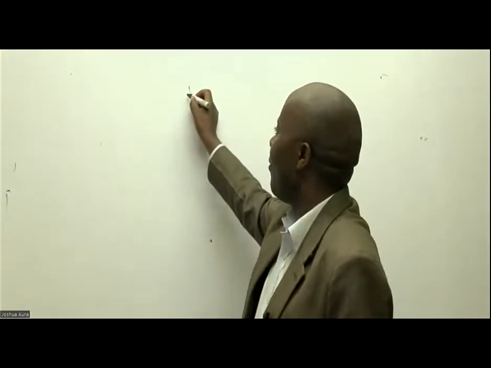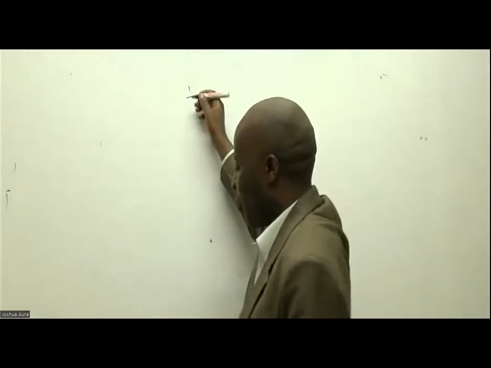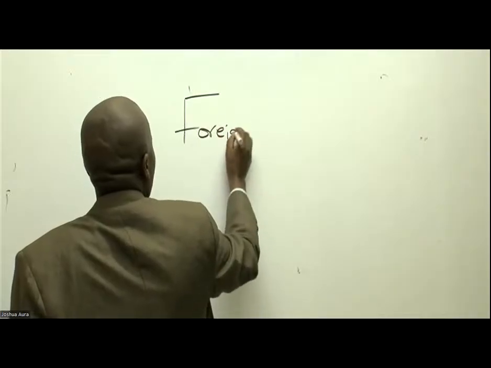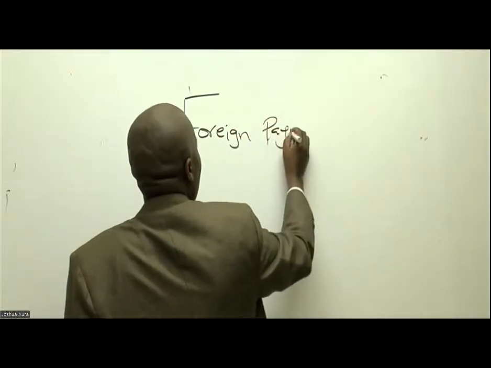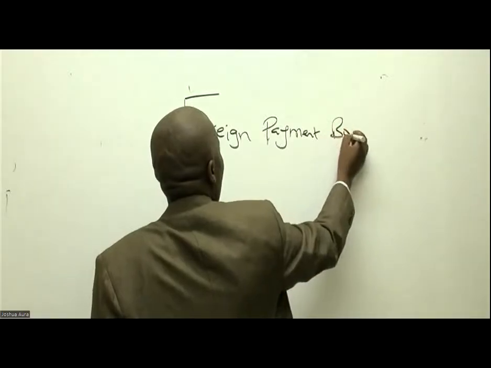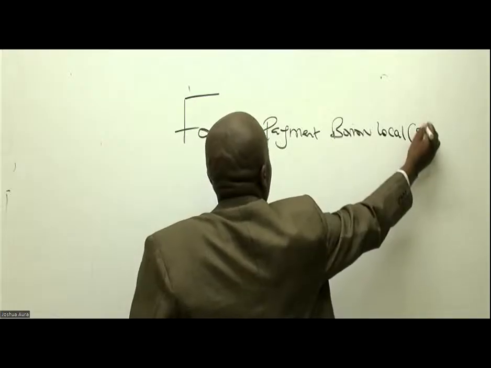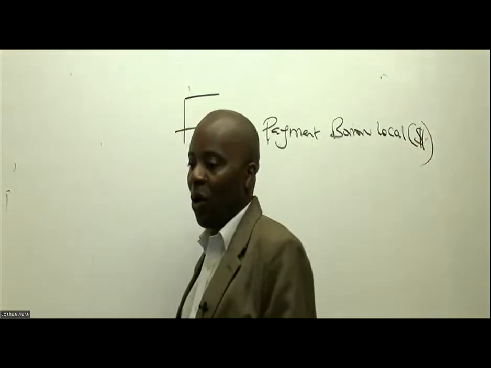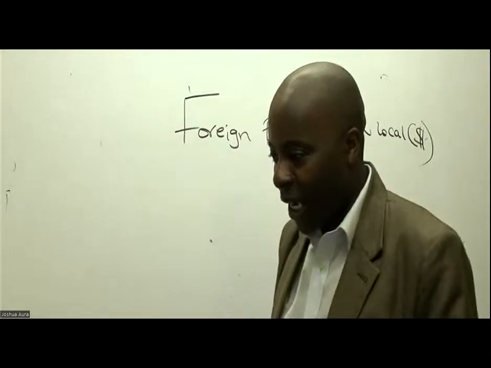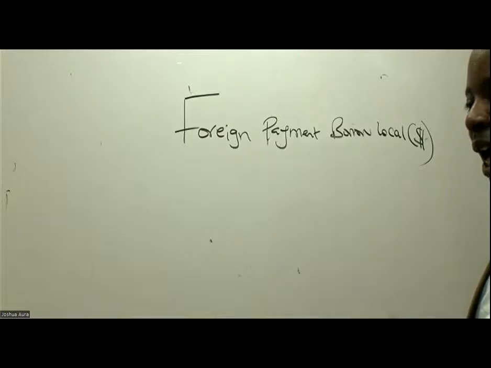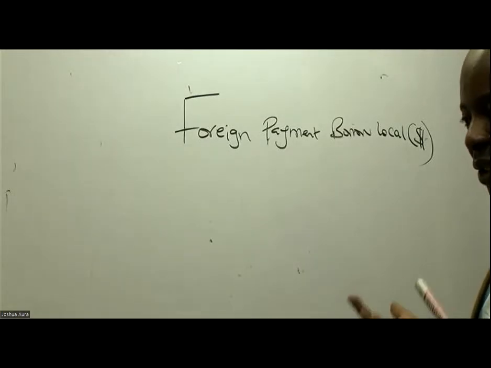They're telling me it is rule number 2, which is foreign payment, borrow local. And we know that the local currency for this company is the dollar.